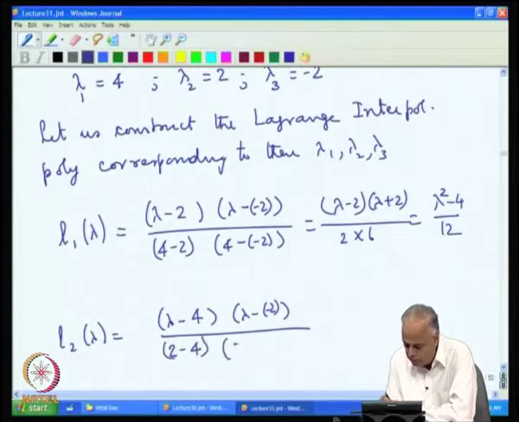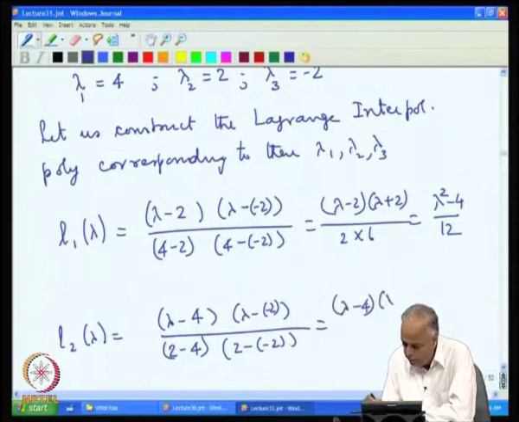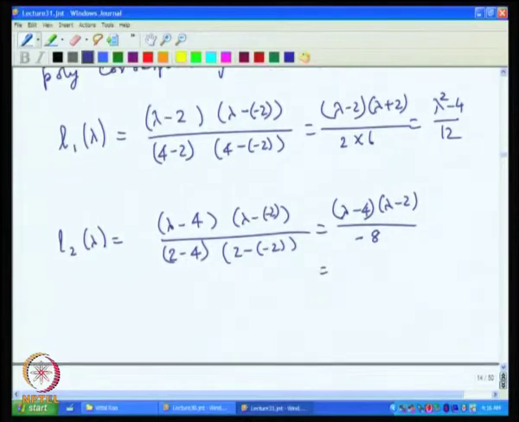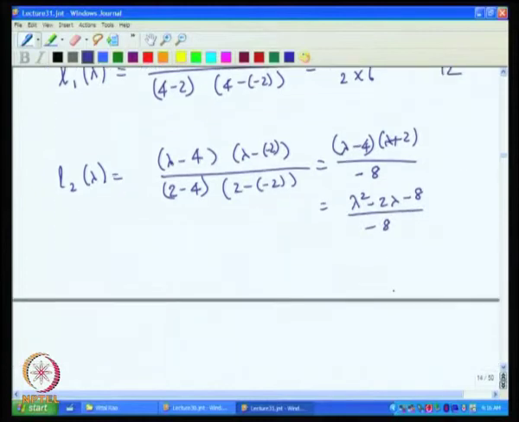So it is 2 minus 4, 2 plus 2, which is lambda minus 4 into lambda plus 2 divided by minus 8, which can be written as lambda squared minus 2 lambda minus 8 by minus 8.